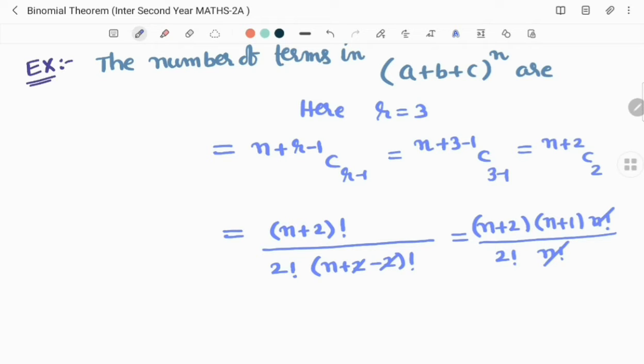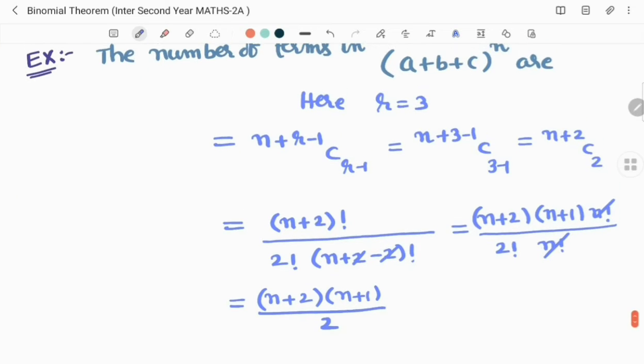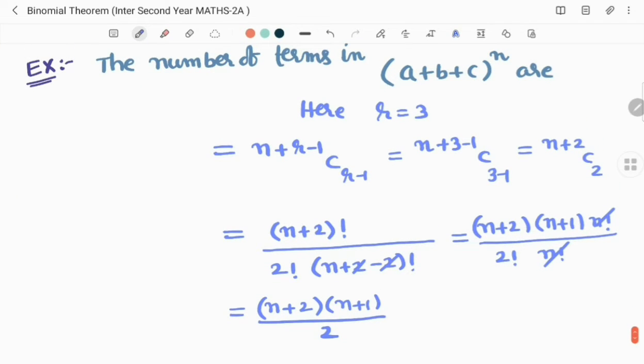Here n factorial gets cancelled. So if you simplify, n plus 2 into n plus 1 divided by 2 factorial, which means 2. Here you need to learn the formulas of nCr. n factorial we can write as n into n minus 1 factorial. n minus 1 factorial can also be written as n minus 1 into n minus 2 factorial. In that way I wrote the terms here.